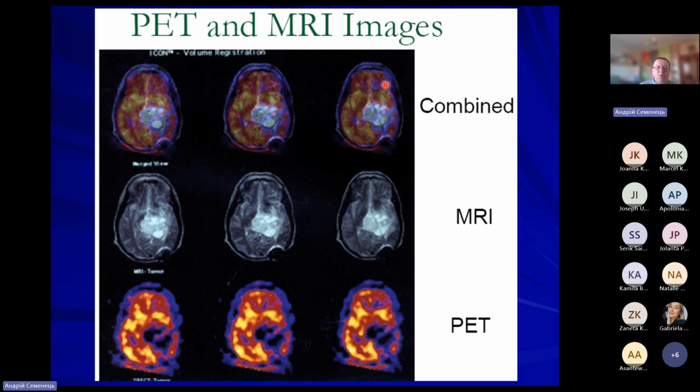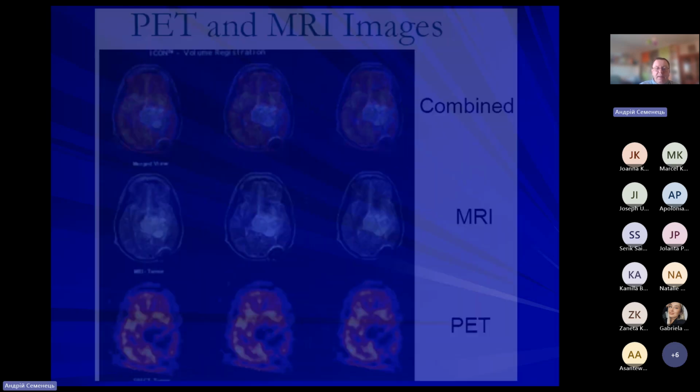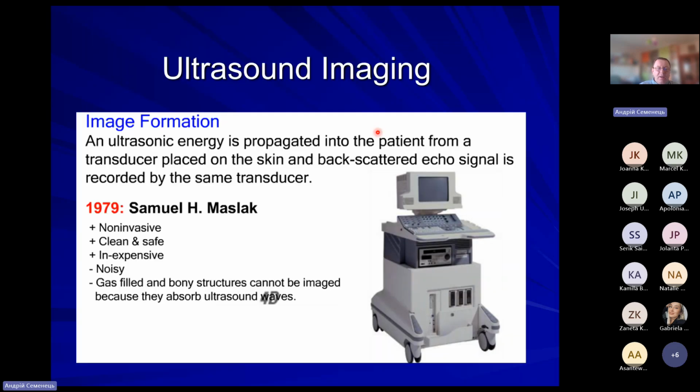So again, it's a purely synthetic image and we have to trust the mathematical model. We have to ensure that our mathematical model and understanding of anatomical structures and functional processes are correct in order to consider the combined image trustworthy.